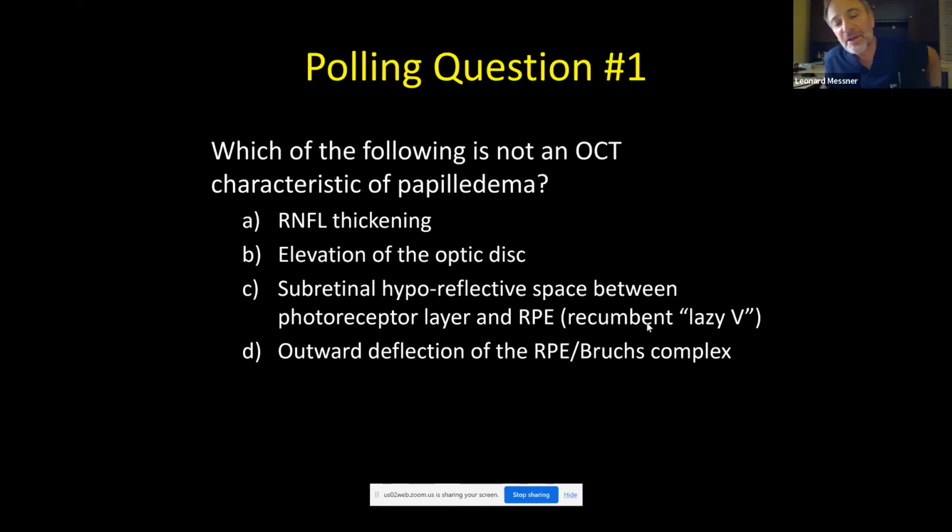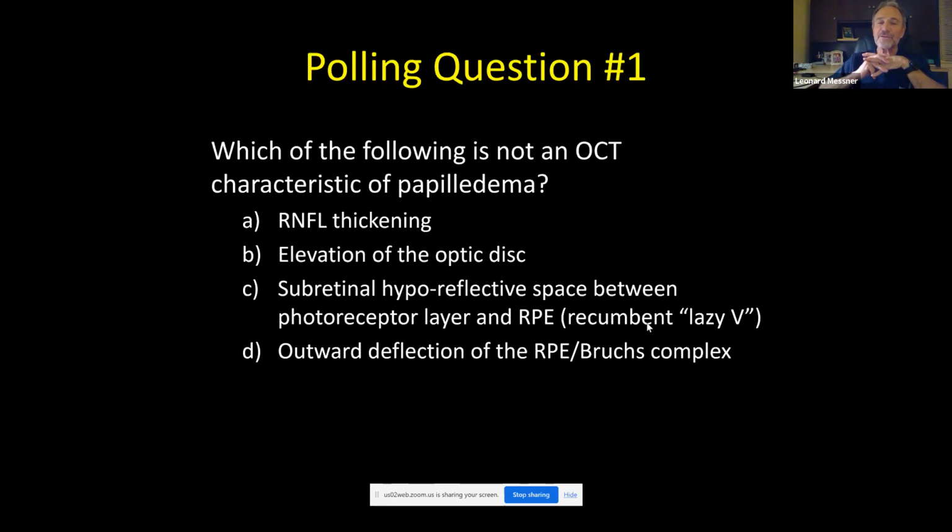Yeah, I really think it does. Where I think it really adds is looking at the morphology, looking at the raster scan. For imaging the optic nerve in the setting of papilledema versus pseudopapilledema, you pretty much use the glaucoma protocol that everyone is probably used to, but you need to get a raster scan.